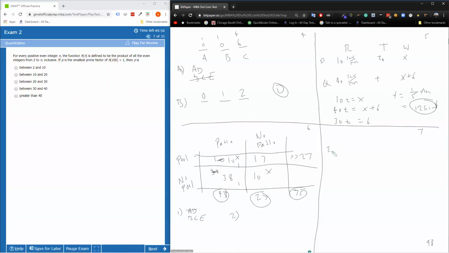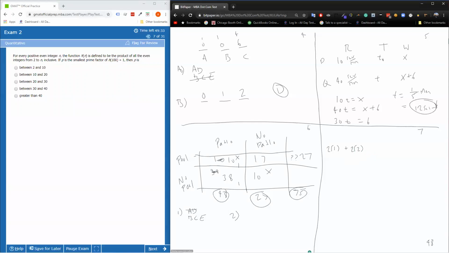Might end up skipping this. So I'm going to look for patterns. The first even number is this. Second even number is this.